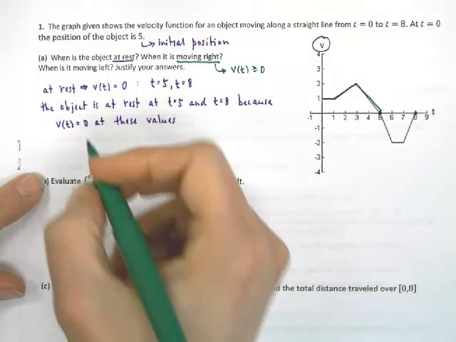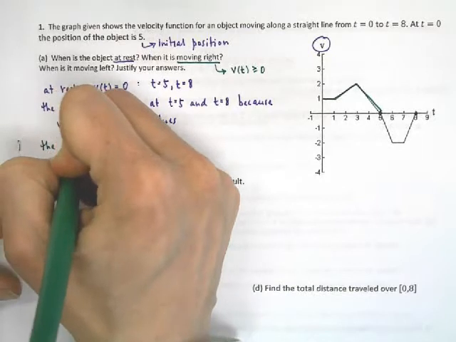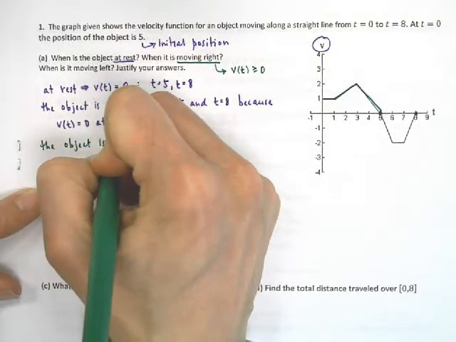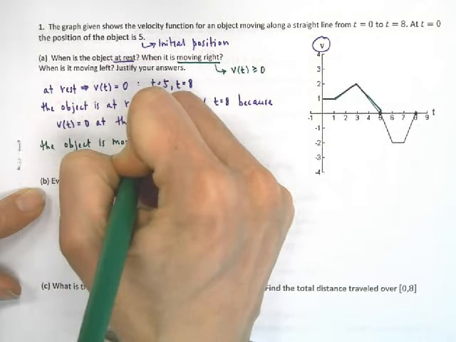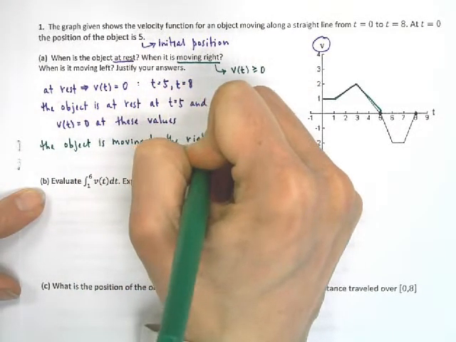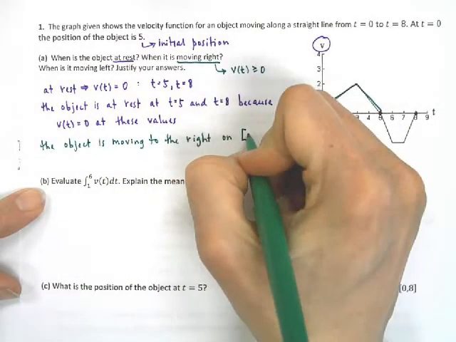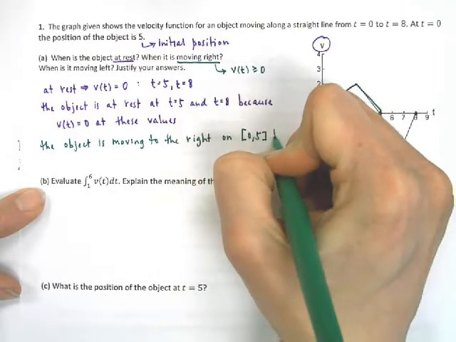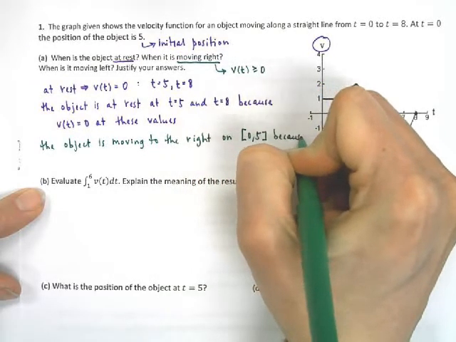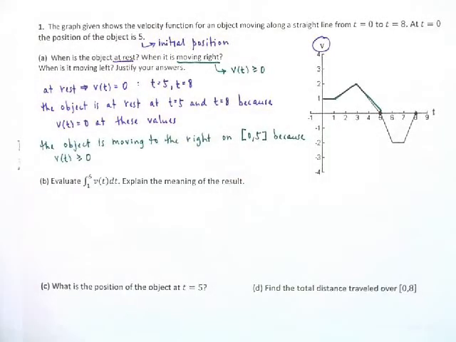So for those values here, I would say the object is moving to the right on the interval I have from 0 to 5 because v of t is greater than or equal to 0.